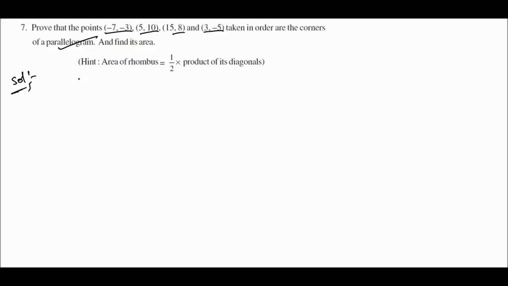Given points are this one A, this one B, this one C and this one D. The distance formula we know: under root of (x2 minus x1) whole square plus (y2 minus y1) whole square. First we find out AB.